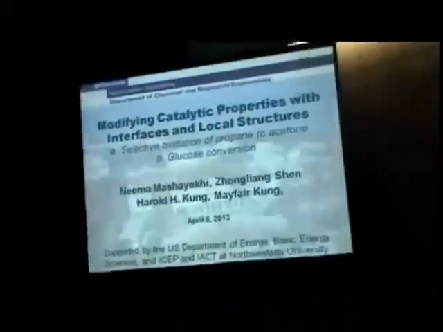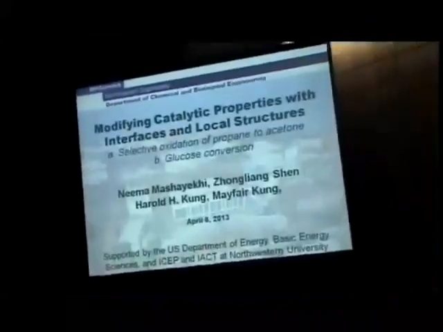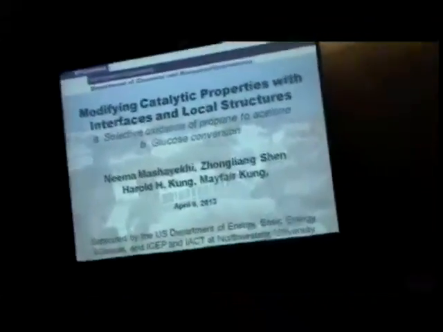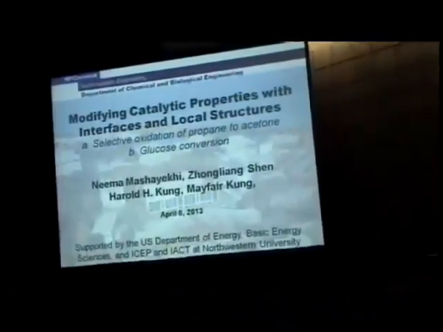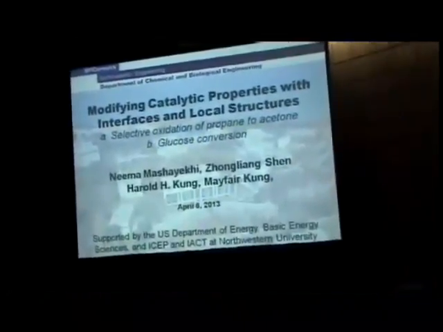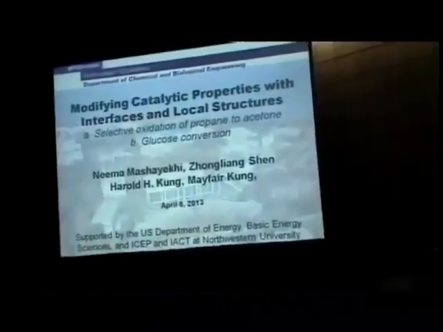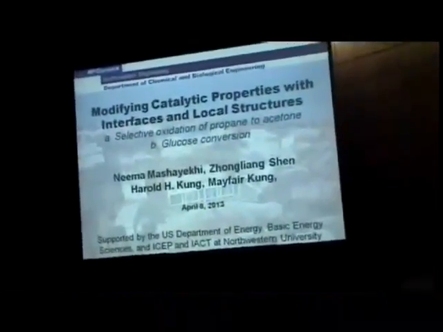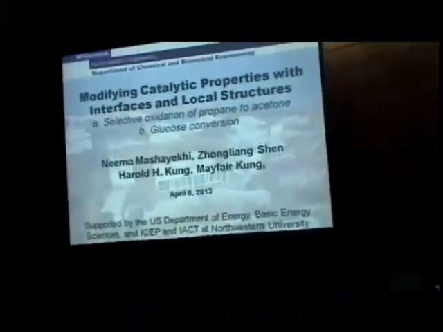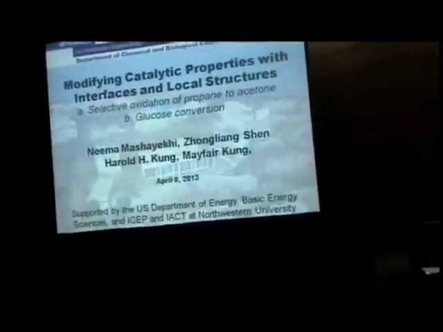The other has to do with the coordination symmetry of metal for the purpose of glucose conversions. The work is mainly done by Nima for Part A and by Dr. Chen for Part B, and of course my collaborator Leif has been with us for many years. So let's go to the first one, the selective oxidation of propane.